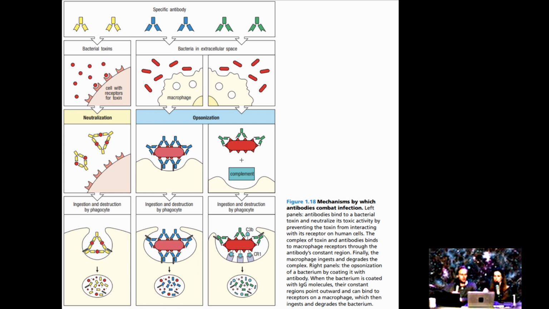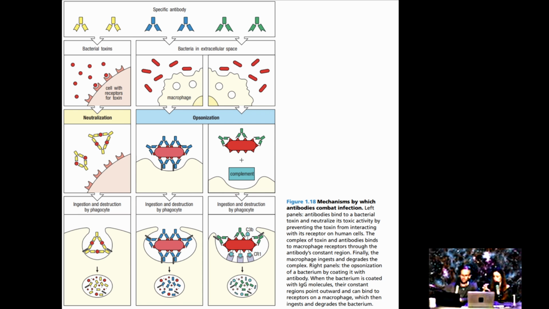Which is basically that when you have multiple different kinds of antibodies that are specific to different things, they're capable of sequestering them in different ways. So the two key words here are neutralization and opsonization. The process of neutralization is if you have something inside of the body that is damaging, antibodies are capable of basically sequestering it.